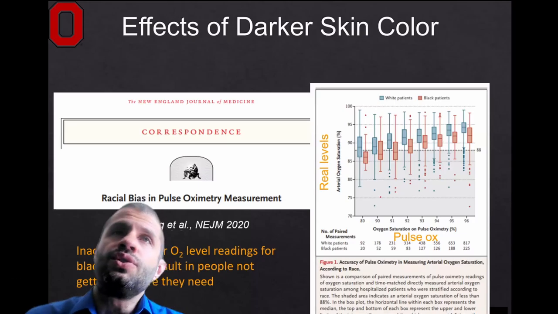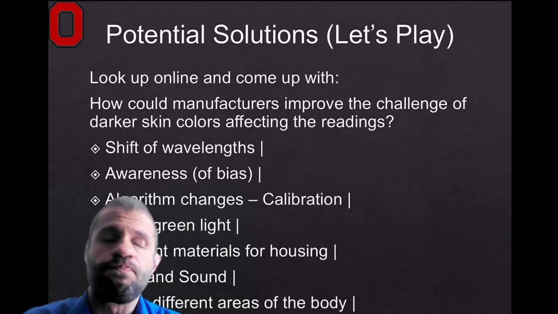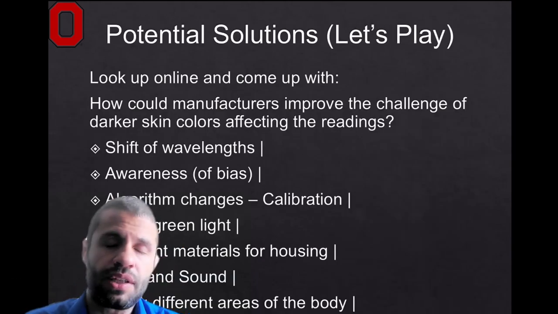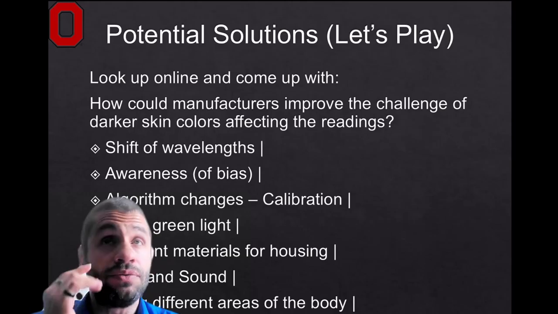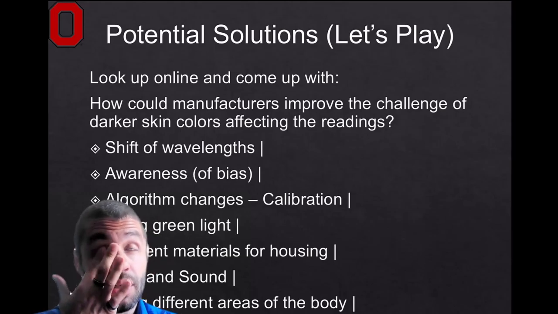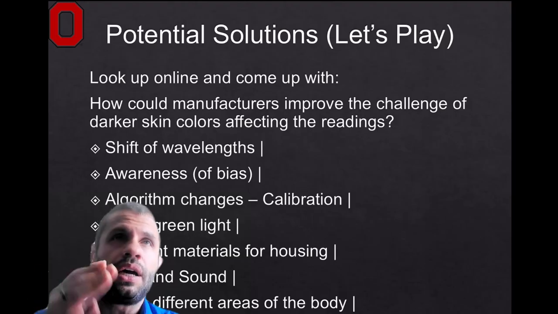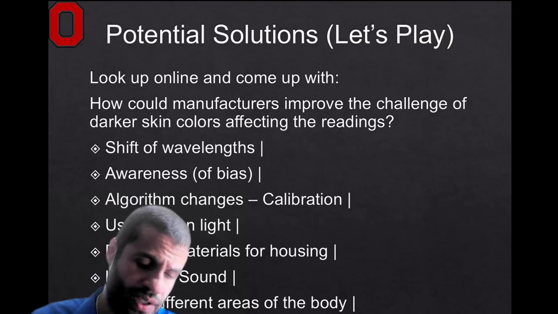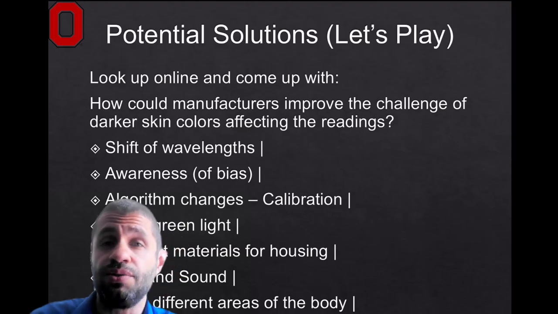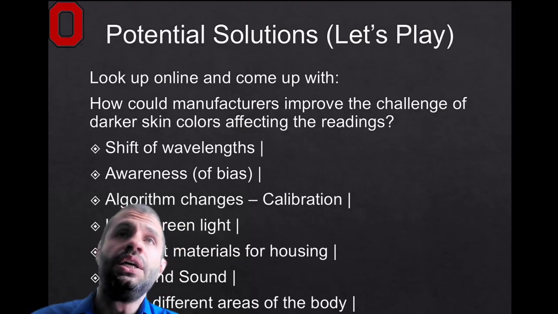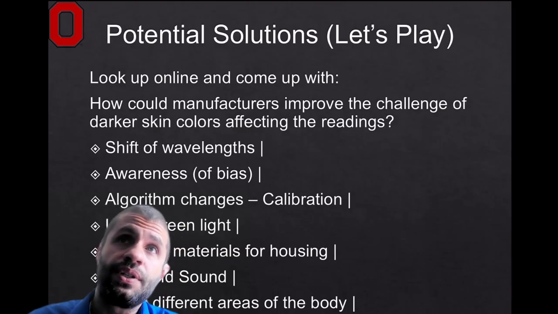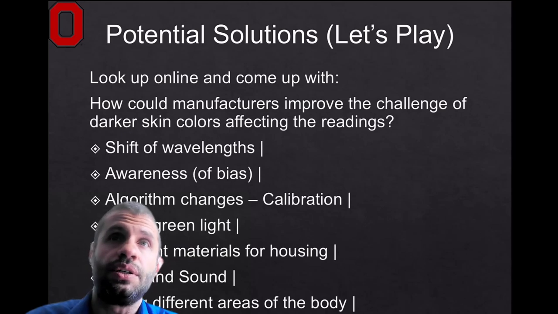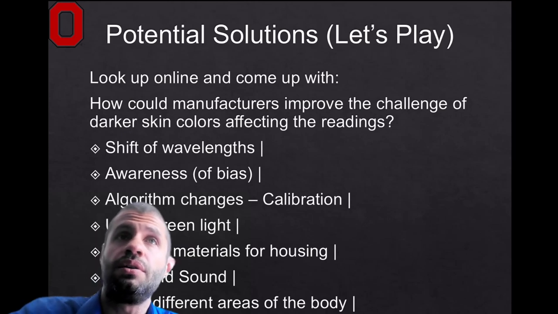Some potential solutions, some ideas that have come around, particularly for darker skin, is shifting the wavelength. Red doesn't seem to be as reliable as other wavelengths, such as green. You might notice that a lot of current devices actually use green light rather than red light. There's also awareness, bias, calibrations, different materials for the lighting.